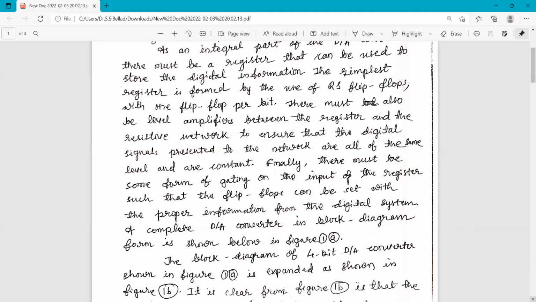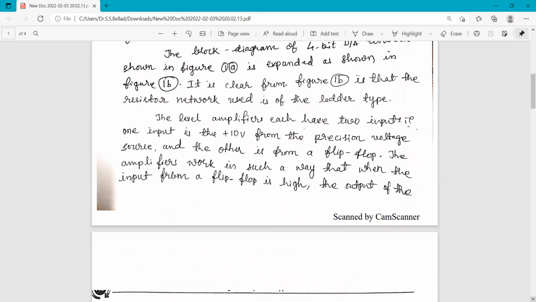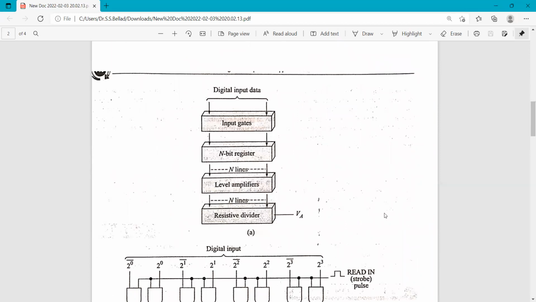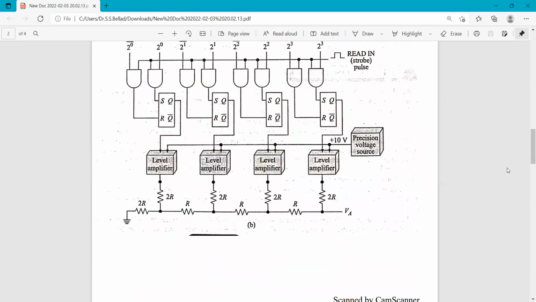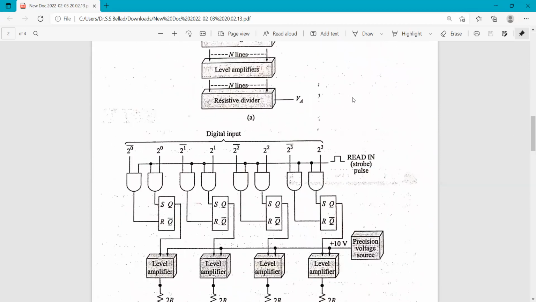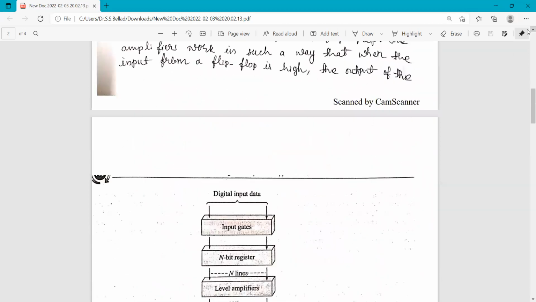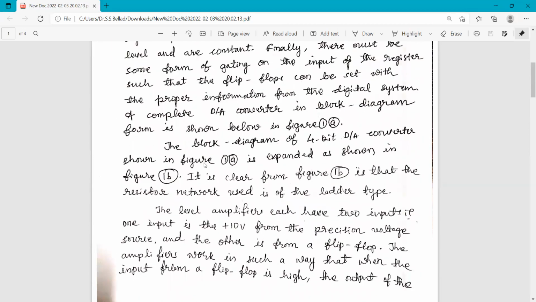I will show the diagram. Two diagrams are there. This is the complete digital to analog converter in block diagram form, and every block is expanded here in figure B. The block diagram of a 4-bit digital to analog converter is shown in figure 1A and is expanded as shown in figure 1B.